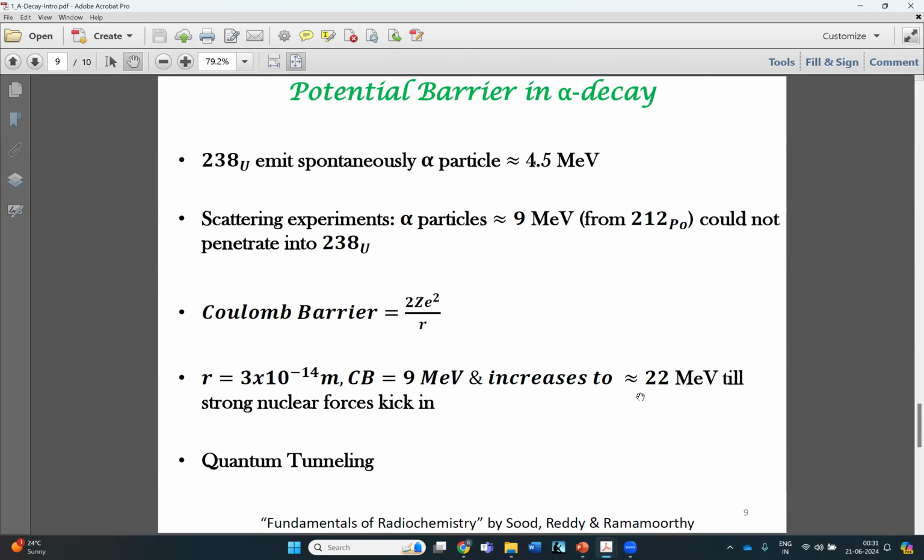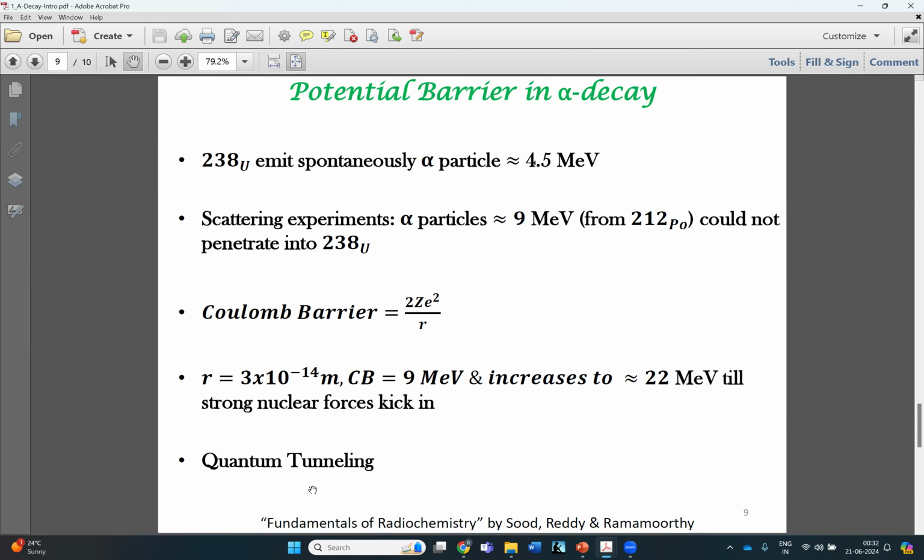If you have an activation barrier of this magnitude, you would have thought that the rate of alpha decay would be quite low, but that was not the case. The apparent enhancement of the rate, despite having a large Coulomb barrier, is because of quantum tunneling.